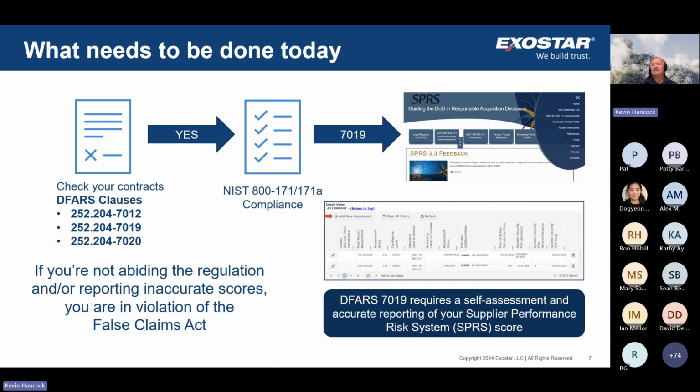That's the SPRS system. That's a DoD website where you go in, enter your cage code, go into the application, and put in that score. This is one of the things the Department of Defense uses to evaluate supplier performance risk. It's not the only factor, but it is one of the factors they use.